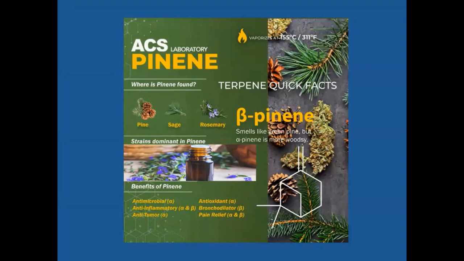The beta pinene is what is present in the highest quantity and exclusively in the hyssop. And that's going to be a bronchodilator, so that could be helpful for asthmatic situations. Pain relief, alpha and beta both function in pain relief, and anti-inflammatory. So it does have antimicrobial effects as well, but that may be coming from one of the other compounds.